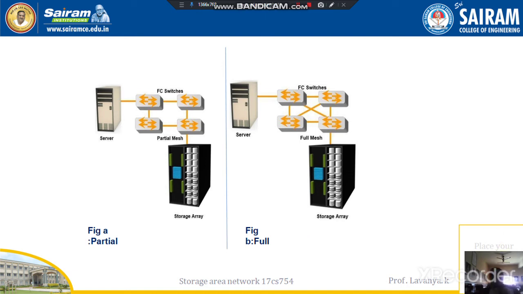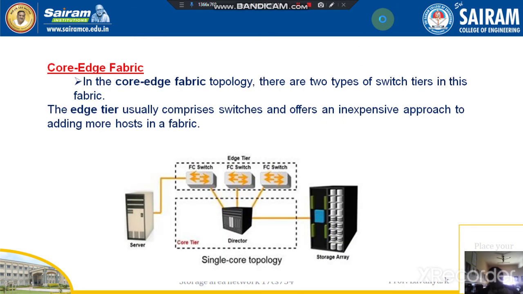Now I am going to move on to the next topic, the second type of Fibre Channel topology, that is the core-edge fabric topology. In the core-edge fabric topology, there are two types of switch tiers in this network. Here the edge tier usually comprises switches and is an inexpensive approach to adding more hosts in the network.